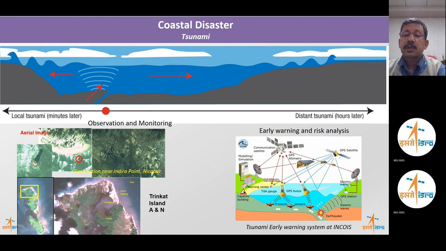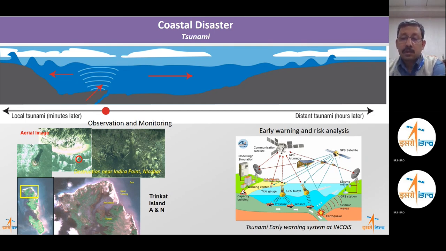These pressure sensors are linked to the GPS buoys, which have satellite-based communication to the simulation and modeling center at IIRS. So in the event of an earthquake, these sensors pick up the signal and relay it to the GPS buoys. And within a fraction of a second, this information is sent to the tsunami early warning system at INCOIS.